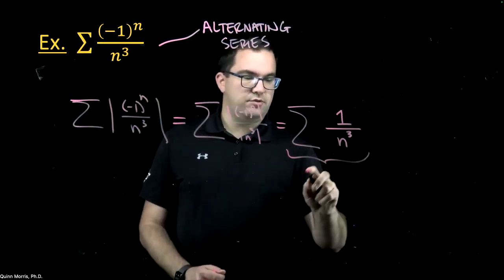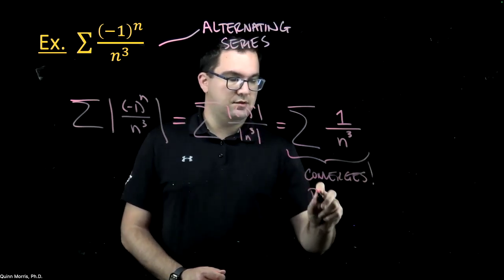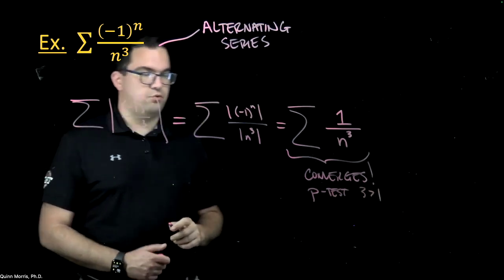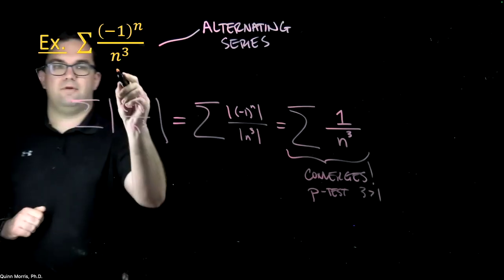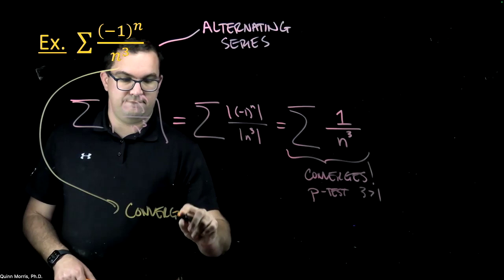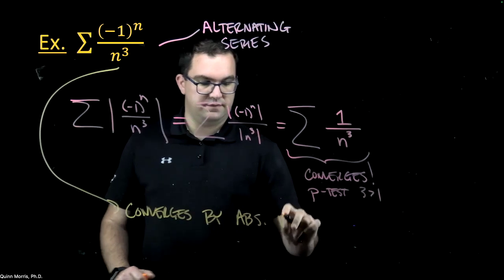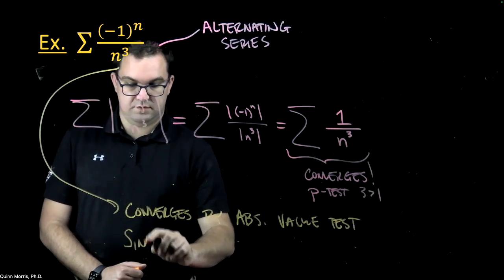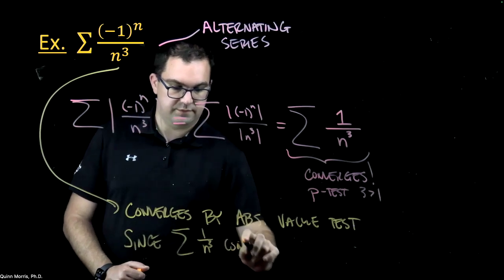But now this series, I know that this converges, right? Why? Well, it's a p-series. By the p-test, I've got a p of 3, which is greater than 1, so this converges. And so I now know that this series converges by the absolute value test, since this series converges, right?